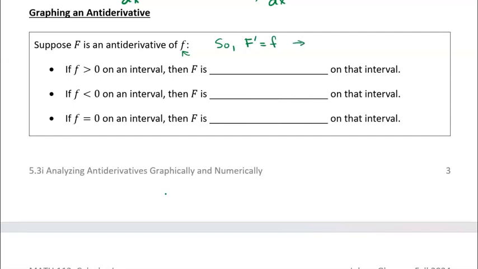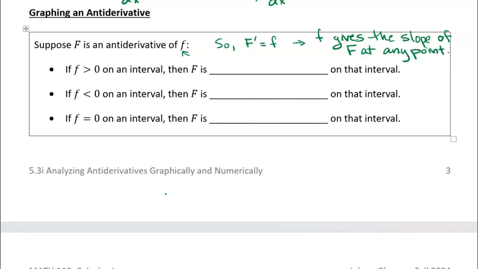That means that f gives the slope of the capital F at any point.